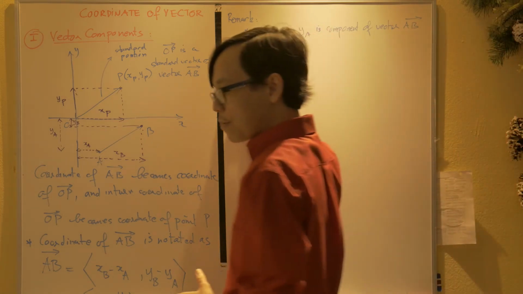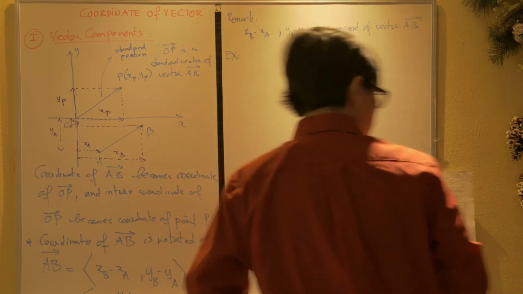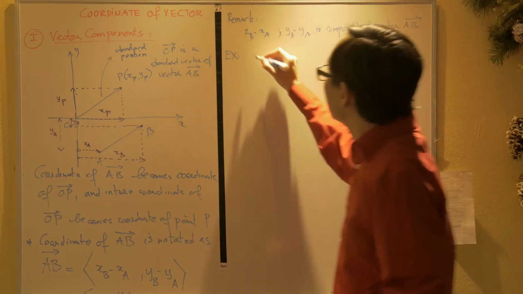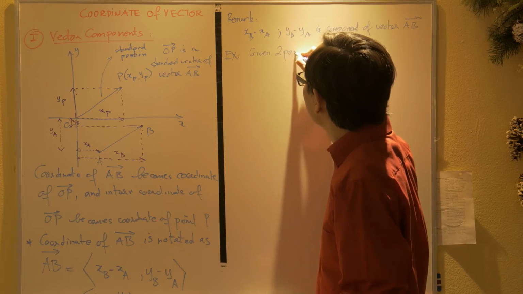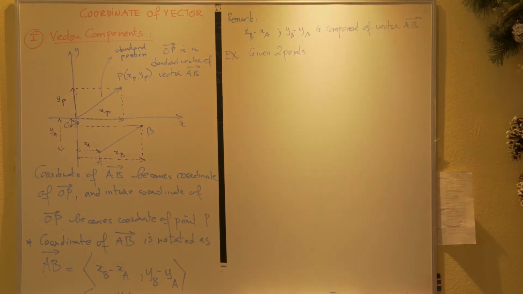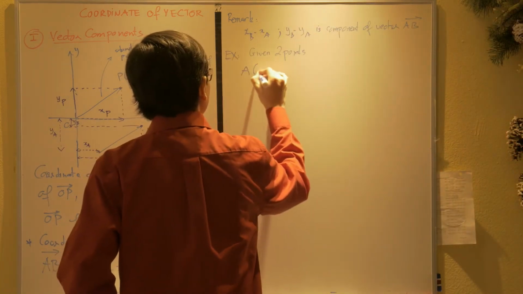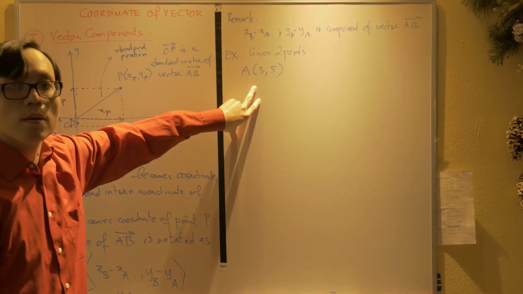Okay. Example. Given 2 points. Point A, we have a coordinate 3, 5. It's just regular notation for the coordinate of the point.